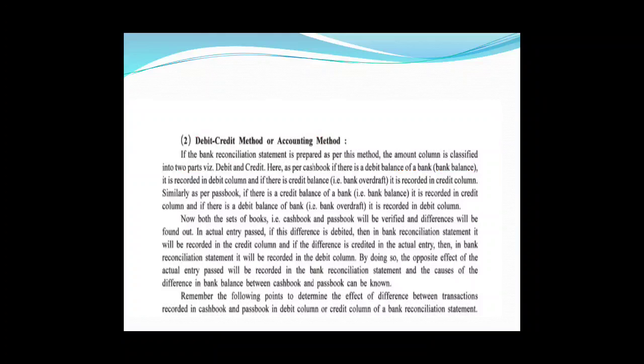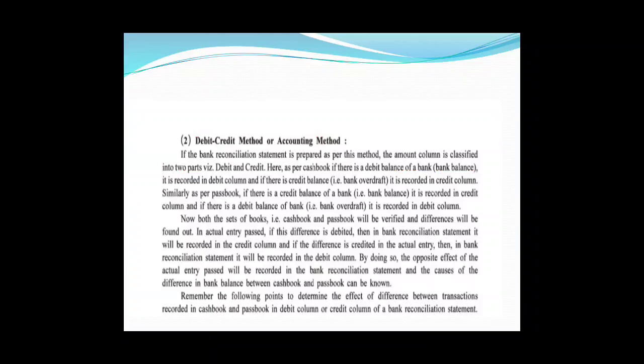Or else, if balance as per passbook is given, which is a credit balance, we will be writing at the credit side of our statement. And if bank overdraft as per passbook is given, we will be writing at the debit side of our statement.